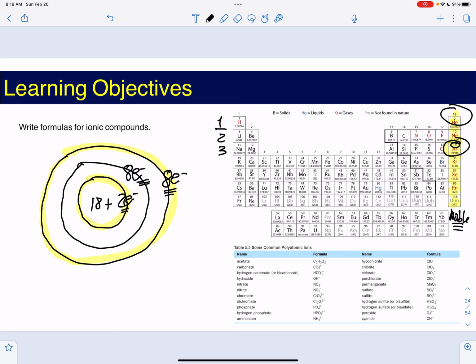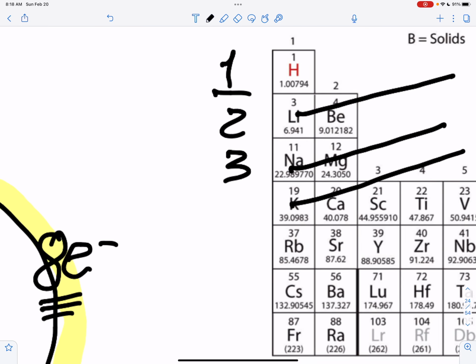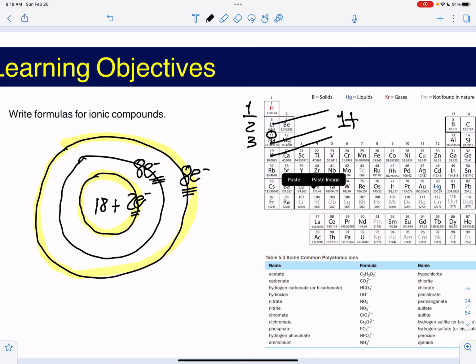So when I tell you that anything on group 1 is going to be 1 plus, this is what it means. Let's take, for example, sodium. So sodium is atomic number 11. So 11 protons, 11 electrons. So let's do sodium then. So instead of 18, we're going to have 11.